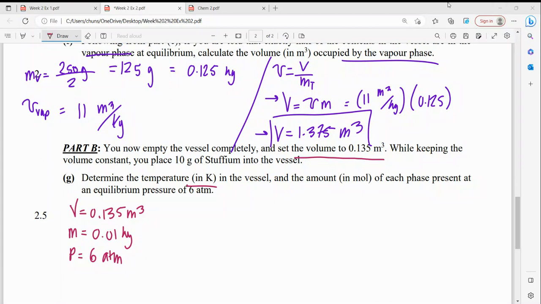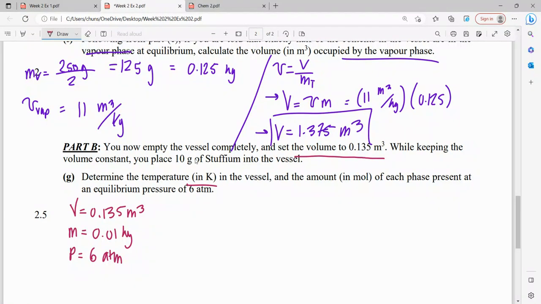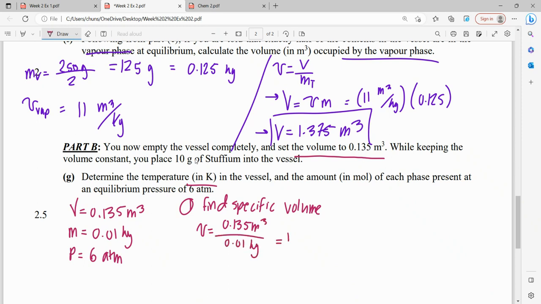So knowing our volume and our mass, we can find specific volume. So our specific volume is 0.135 meters cubed over 0.01 kilograms, and that's equal to 13.5 meters cubed per kilogram.